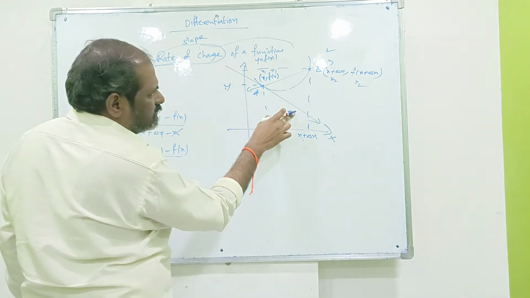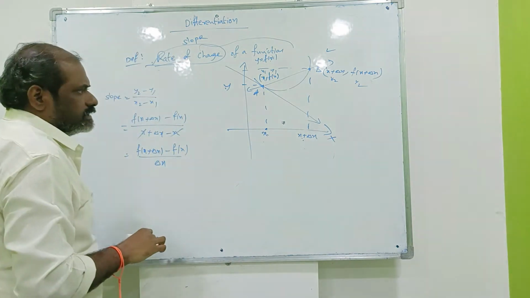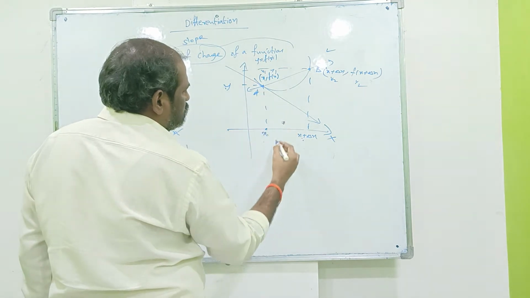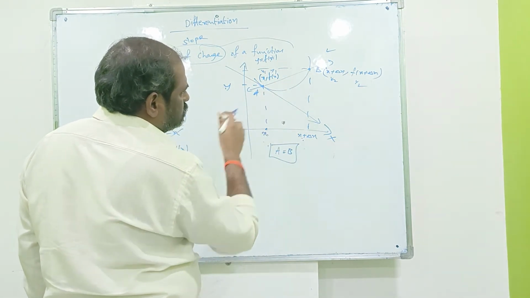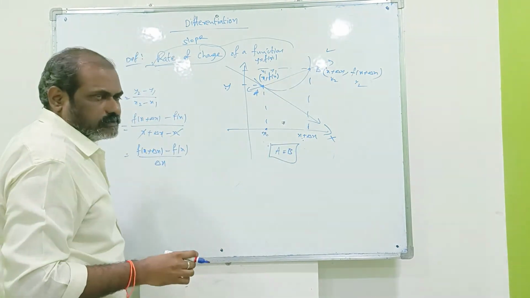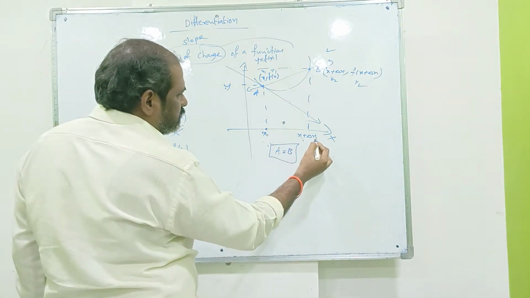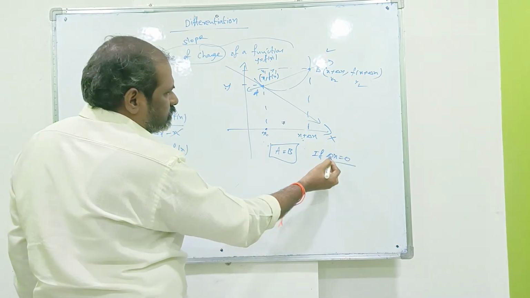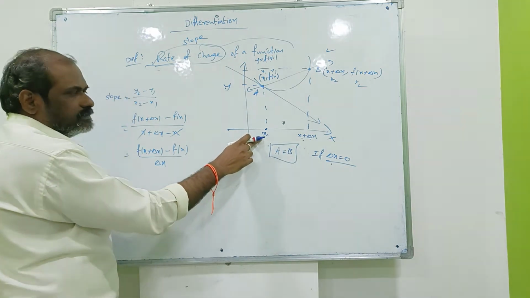So how to get the tangent line from the second line? This is possible only when A equals B. To draw the tangent line from the second line, the tangent line is possible only when A equals B. So how to get A equal to B? By the increment delta x we are adding: if delta x is 0, we get only x plus 0, that is x, this point.